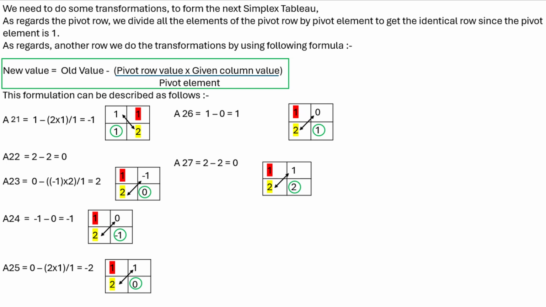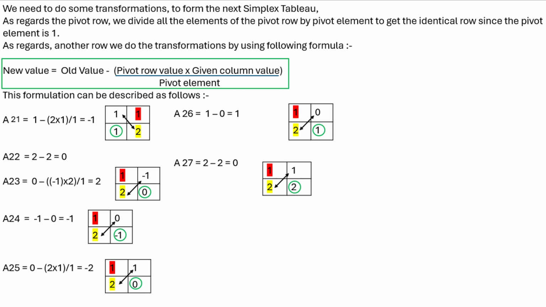A22 is 2 minus 2 into 1 upon 1, that is 2 minus 2, which is 0. A23 would be 0 minus 2 into minus 1 upon 1, which is minus of minus 2, which is 2. A24 would be minus 1 minus 0, which is minus 1.